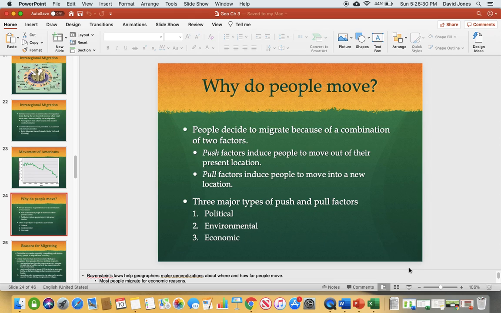Then he talked about characteristics of migrants. Remember, males are most likely to migrate out of countries. Most international migration is adults and is rarely households, by which I mean families with kids. That tends not to happen a lot in international migration. Those who migrate long distances tend to migrate into cities.